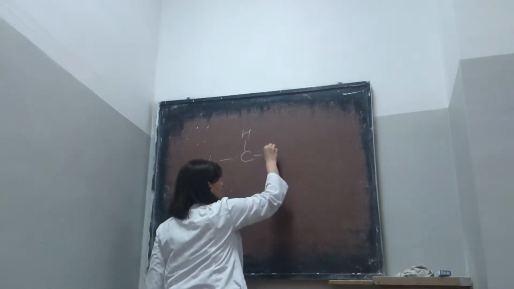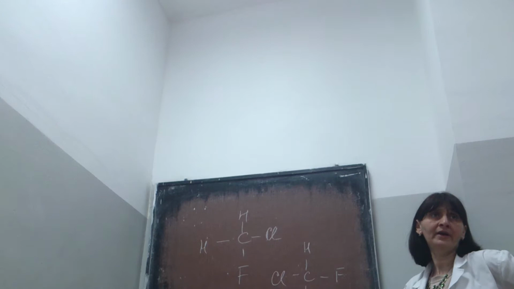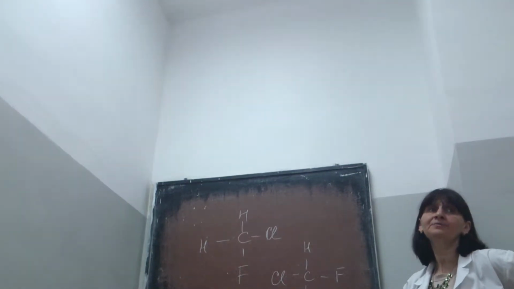Now look, if we consider this molecule, this is one, and the second one is this one, HCl, BrF. Now look, here you have only one carbon atom. Now let's check its substituents.